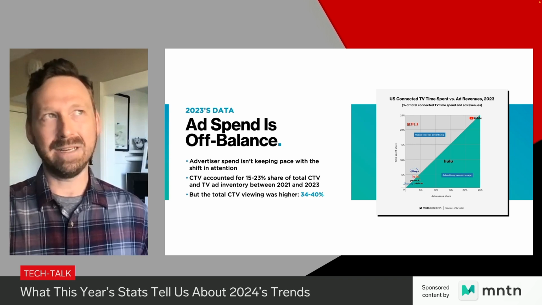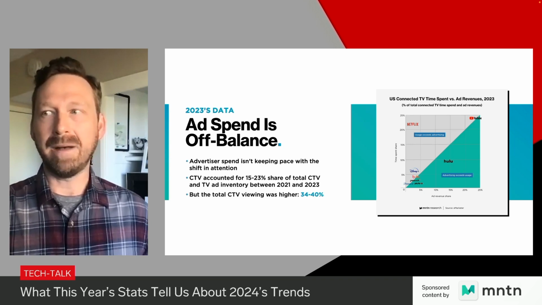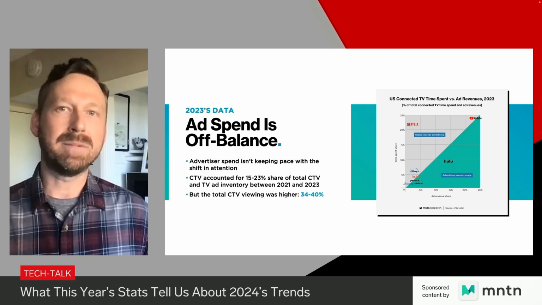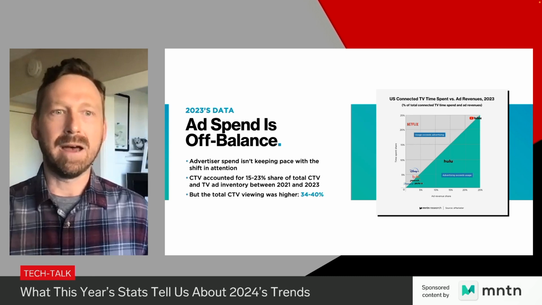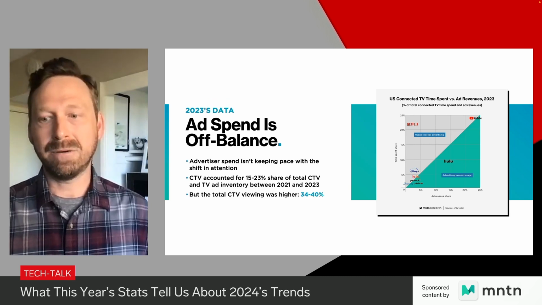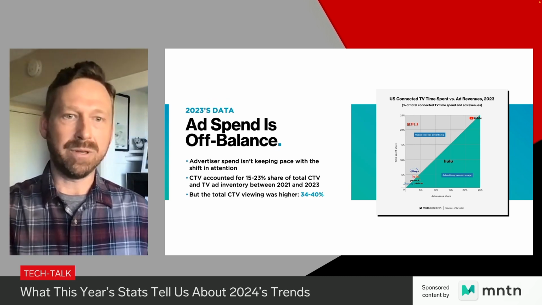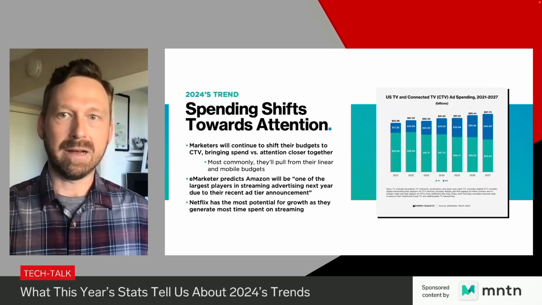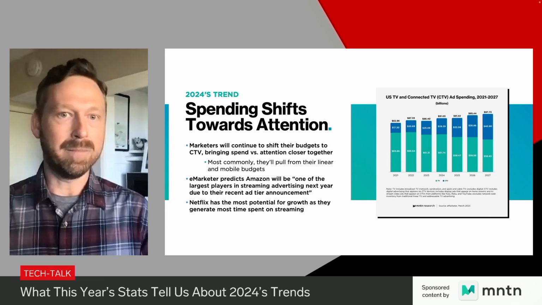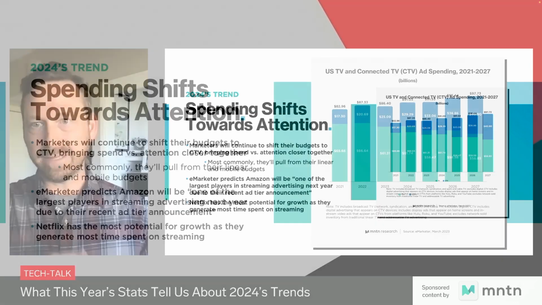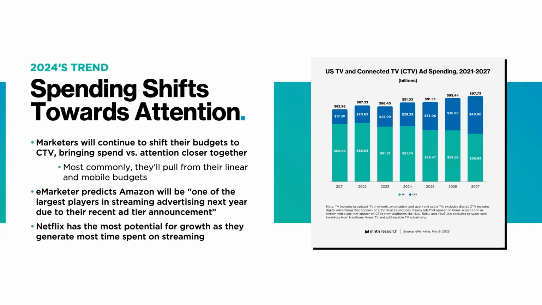I think last year or earlier this year, connected TV viewership exceeded linear TV viewership for the first time. I think that's per Nielsen. That's big. And so you're going to see that ad spend really catch up when it comes to finding those folks who are now streaming TV full time. You see the trend moving along.